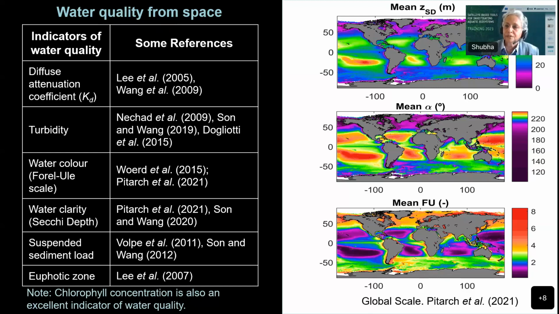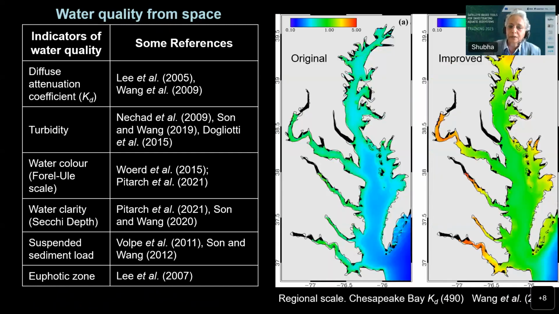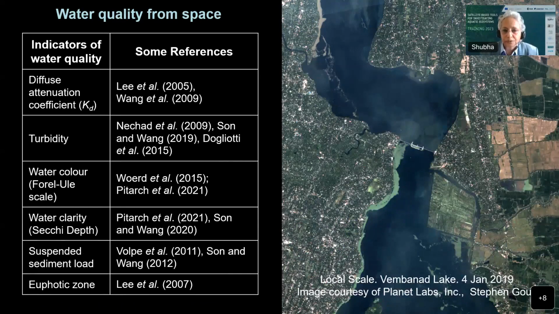And the advantage of using a satellite-based method is that you can look at this problem at multiple scales. You could do it at the global scale. You can look at it at the regional scale, or you can look at it at a very local scale, depending on the problem that you are dealing with. You have a choice.